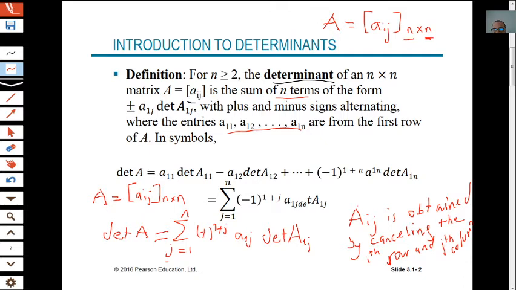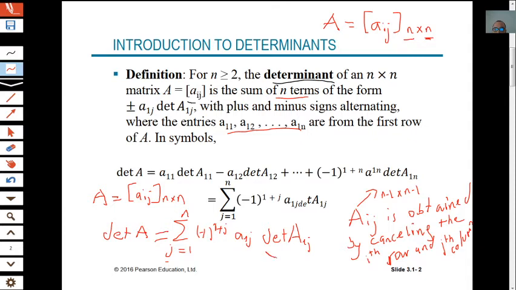Namely, the size of this matrix is n minus 1 by n minus 1. We have n minus 1 rows and n minus 1 columns for this matrix.